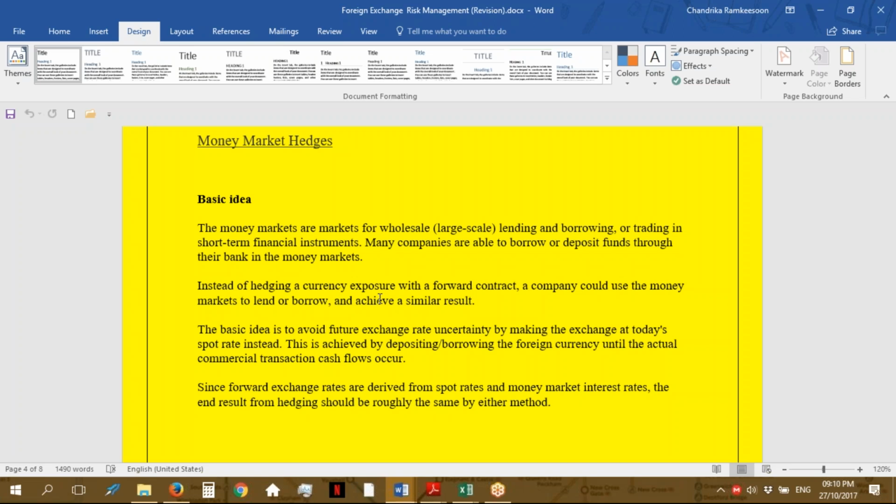What you would normally be expected to do in the exam is do the money market, do the forward, compare both, and take the better of the two. If you're an importer, you take the one which gives you the lower cost, and if you're an exporter, the one which gives you the higher receipt. All that you can determine today, and whichever is better is the hedge that would be used.